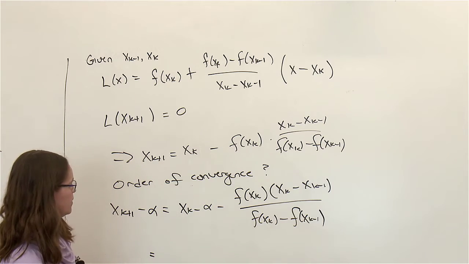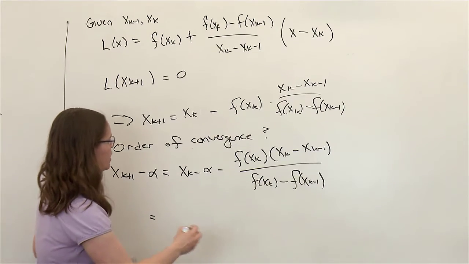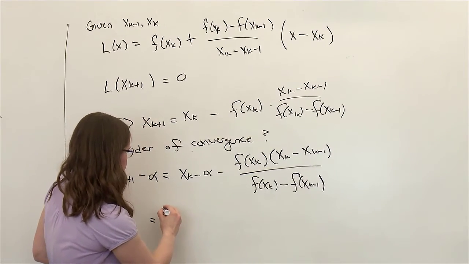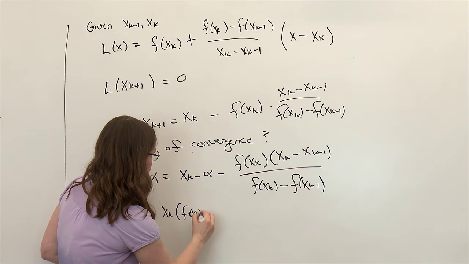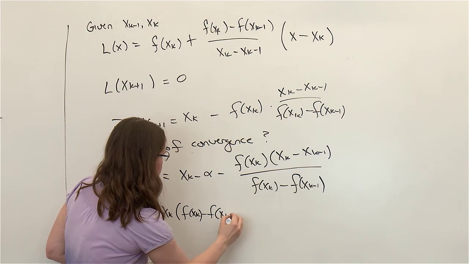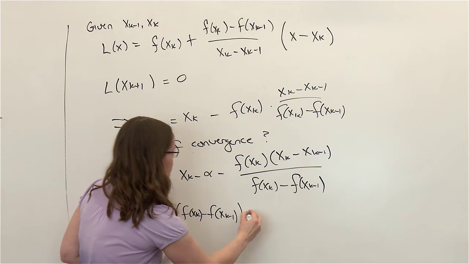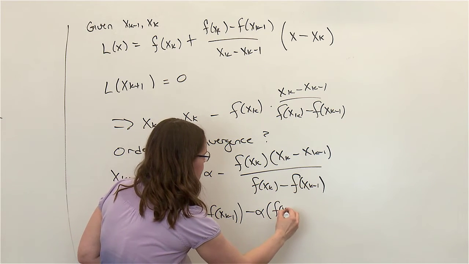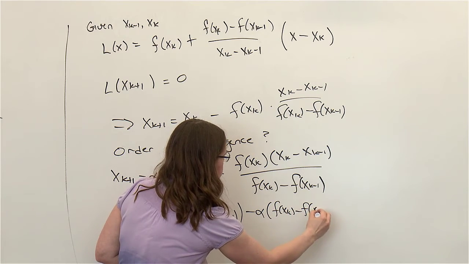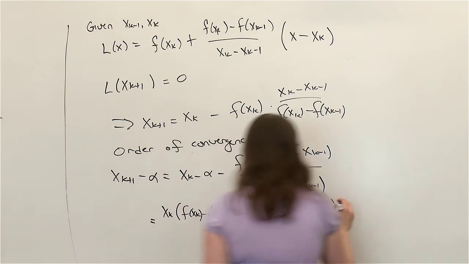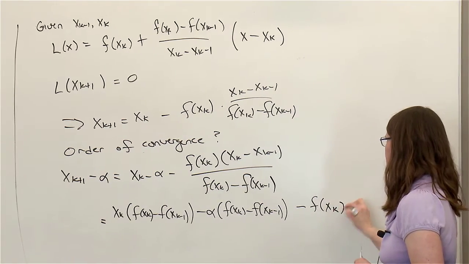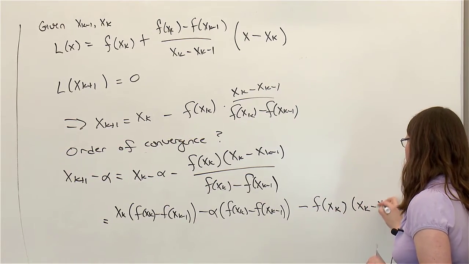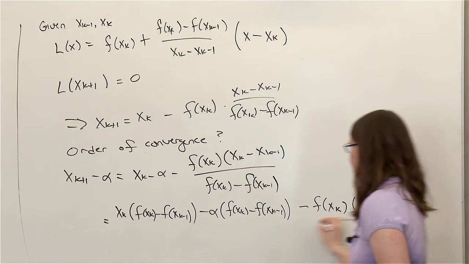Okay, so let's see what happens here. Well, we've got an xk times f(xk) minus f(xk minus 1). We've got an alpha times the same thing. Okay, and then I've got an f(xk) times xk minus xk minus 1.